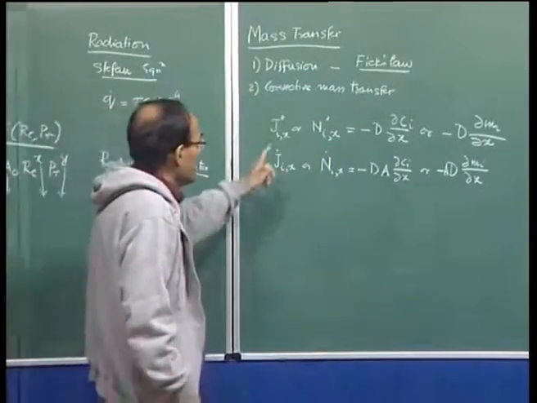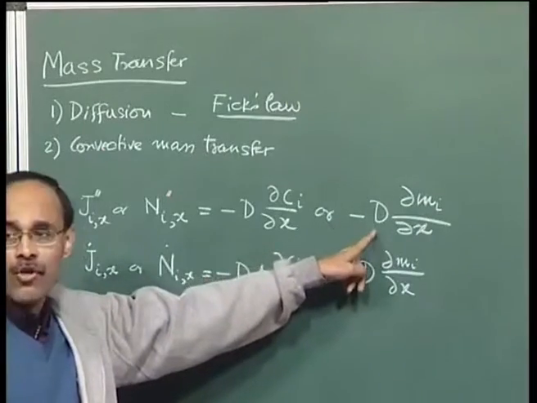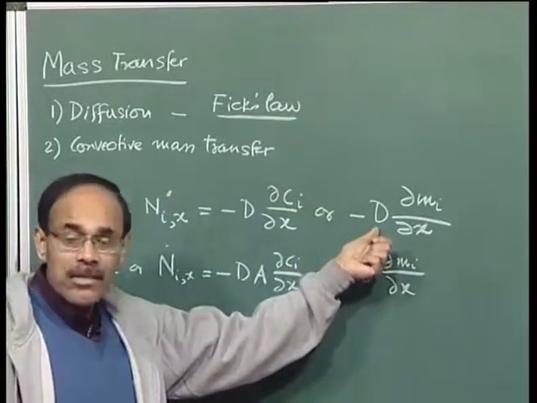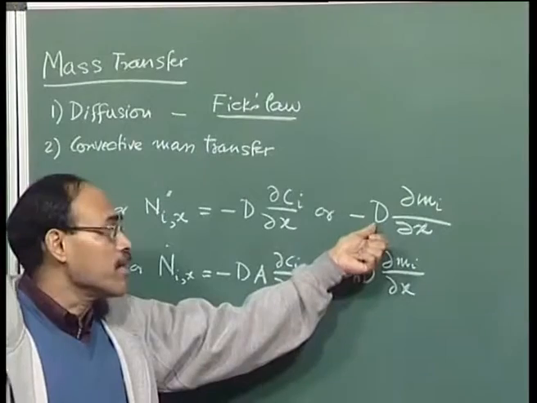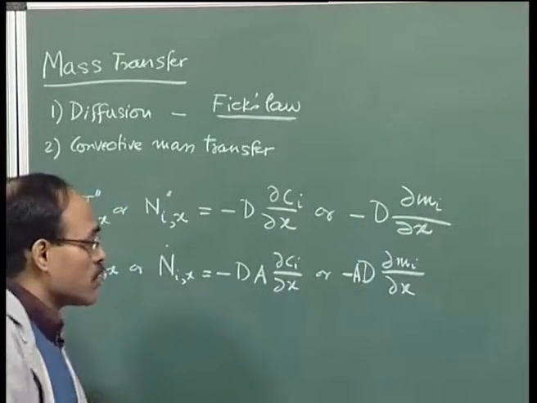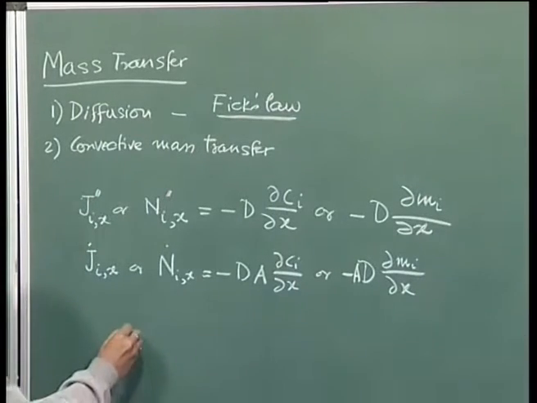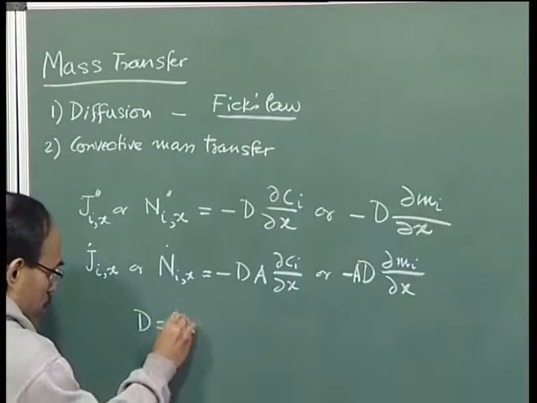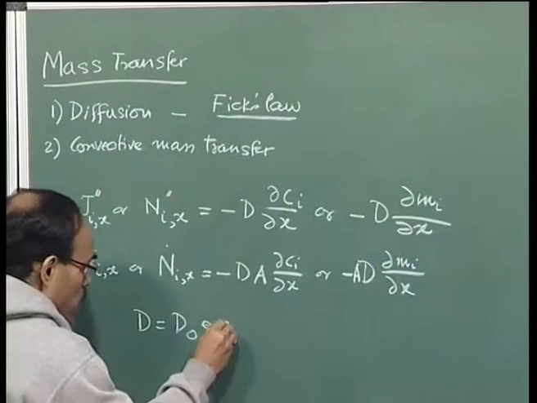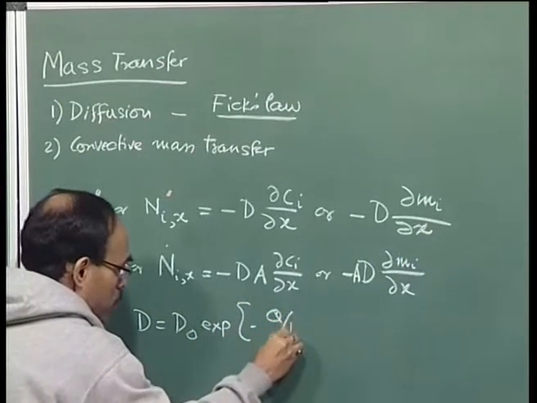Now, in this equation, this is the diffusion coefficient, and again this is like thermal conductivity. This diffusion coefficient is a thermally activated process, so it follows the rate equation like exponential minus Q by RT.